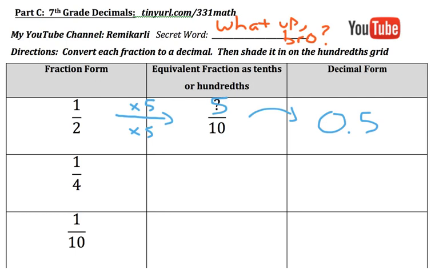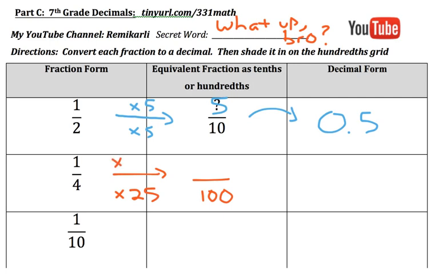We can find equivalent fractions for many different types of fractions to turn them into decimals. So here's 1/4. A 4 doesn't go into 10 without a fractional part, but 4 does go into 100. So I can make an equivalent fraction out of hundredths. 4 times 25 is 100, because 25, 50, 75, 100.